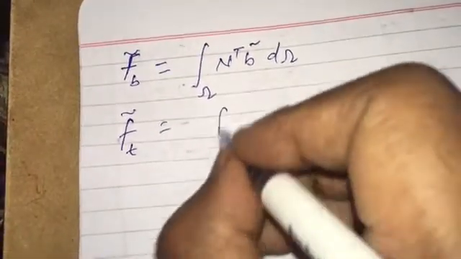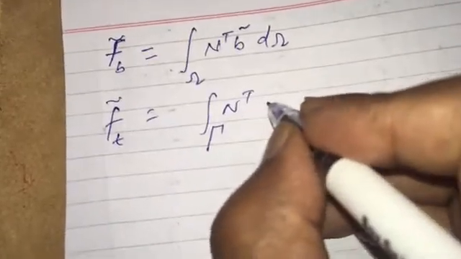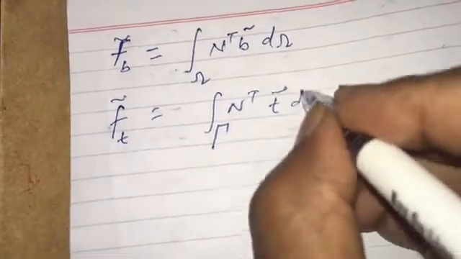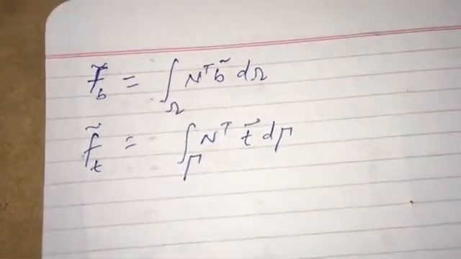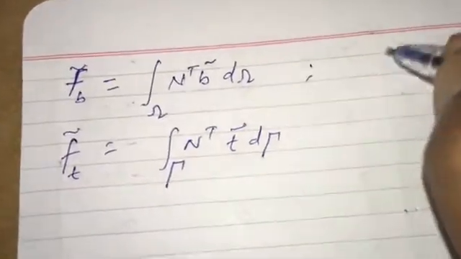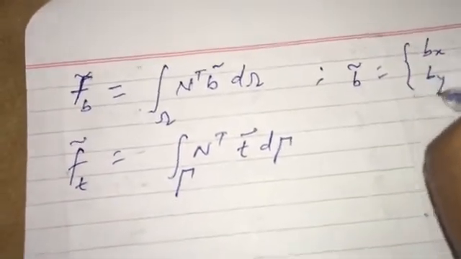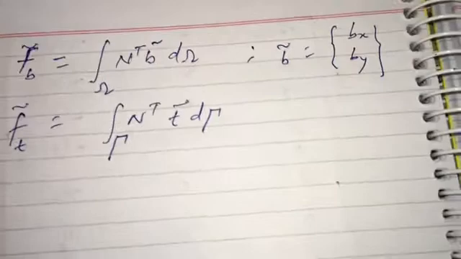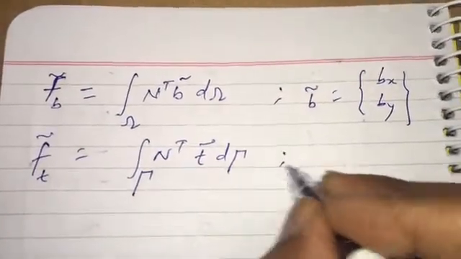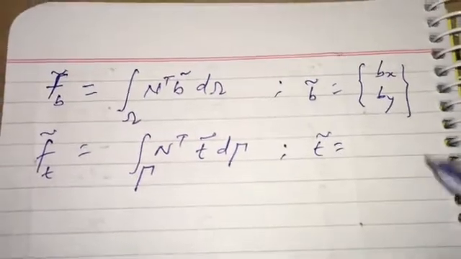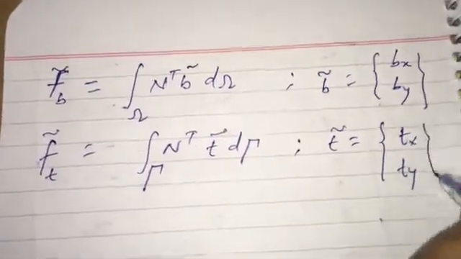So, this goes like this, N T t d gamma, where of course b is equal to bx and by, two components in both the directions. This is a body force with components in both the directions, and similarly the traction will also have a component in x direction and a component in y direction.